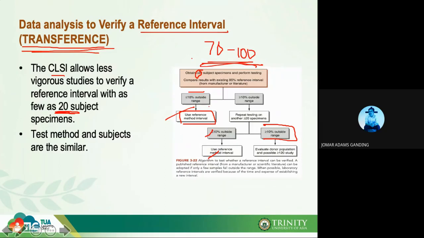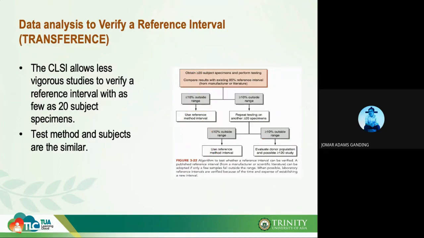Again, if you were able to get it right the first time, then you can use it immediately. If not, do it again on another 20 samples. If it worked, then you can use it. If you still fail, if there are still errors, then that's the time that you would be performing it on 120 samples.